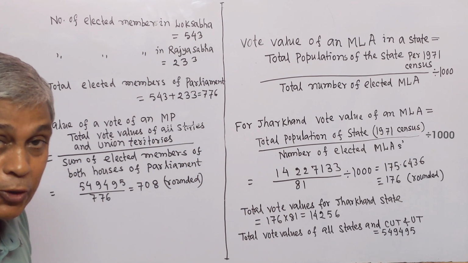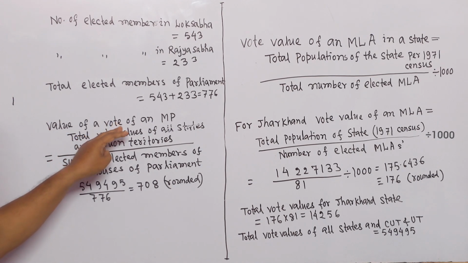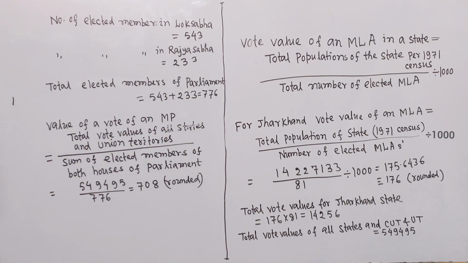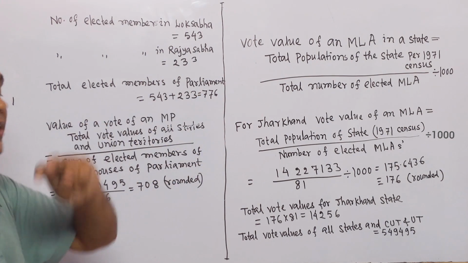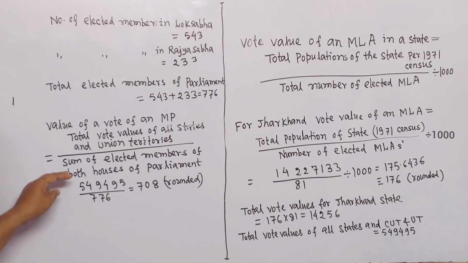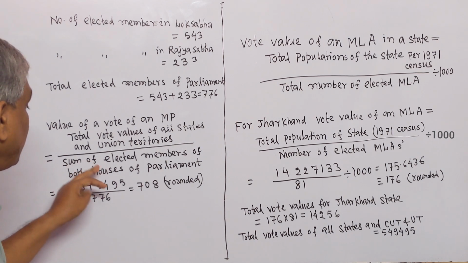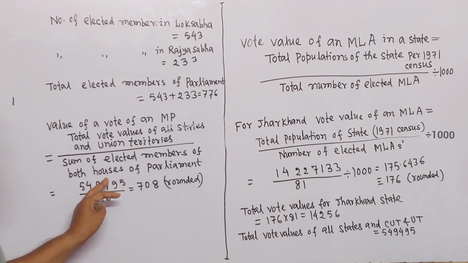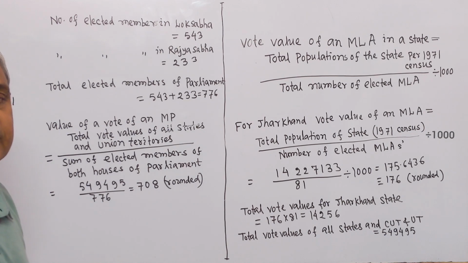Now formula for the vote value of an MP equals total vote values of all states divided by sum of elected members of both houses of parliament.